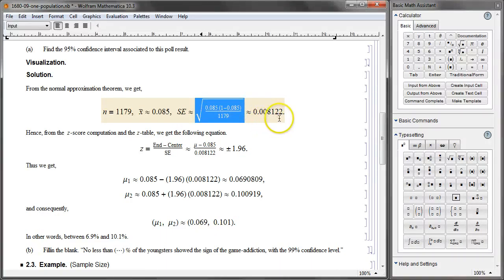Run your calculator and you're going to get this number, and that number goes to the denominator. That results in this equation, and that's how you can find the left-hand side endpoint here and the right-hand side endpoint here. The result is this confidence interval, roughly speaking, between 6.9% and 10.1%.